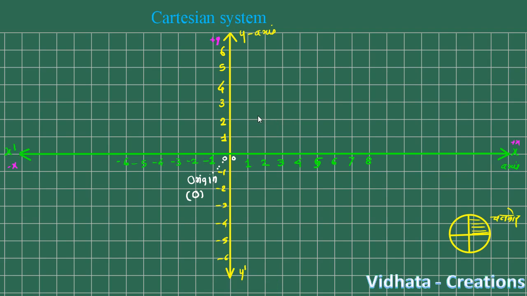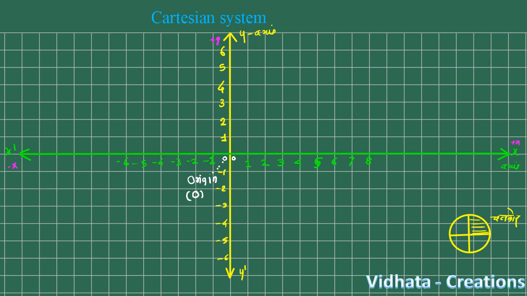Got it? These 2 perpendicular axes, x-axis and y-axis, divide the full plane into how many equal parts? 4 equal parts. How can you say that there are 4 equal parts? For that, I will tell you one thing.